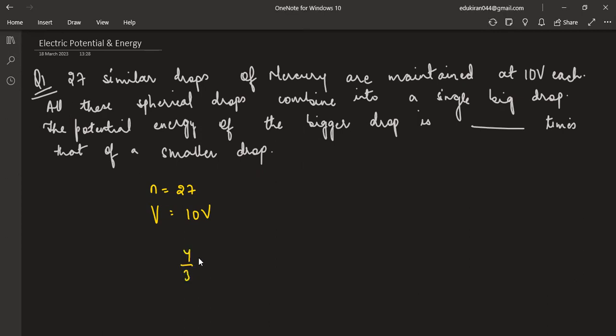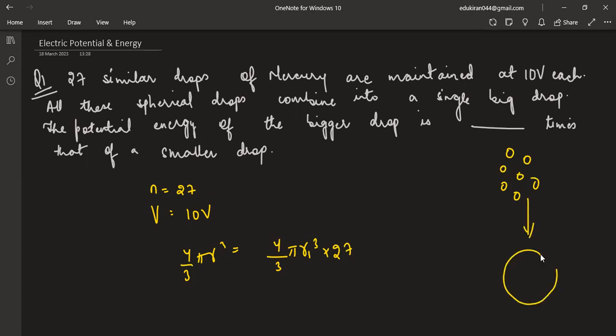So 4/3 pi R cube equals 4/3 pi R1 cube into 27. Let R be the radius of the bigger drop and R1 the smaller, because these 27 small drops coalesce and form one big single drop.